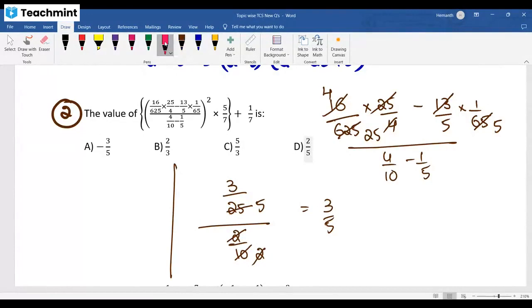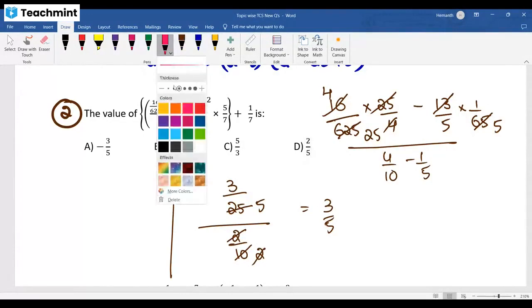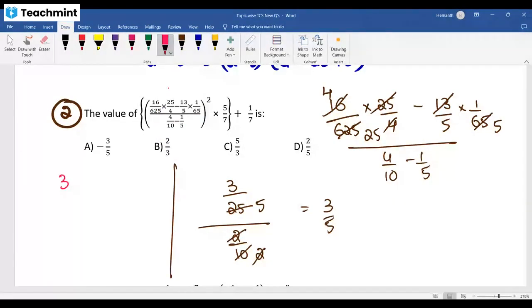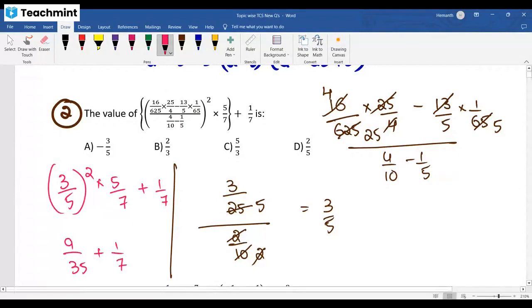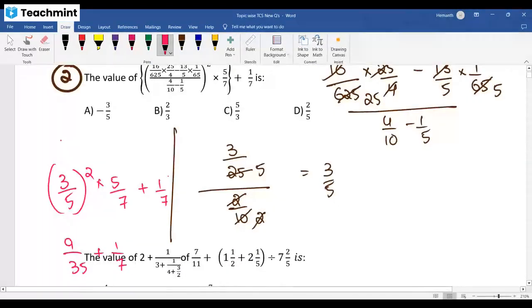So finally we came to know it's simple like 3 by 5 whole square multiplied by 5 by 7 plus 1 by 7. 3 by 5 whole square is 9 by 25. 1 5 will cancel. It's like 9 by 35 plus 1 by 7.